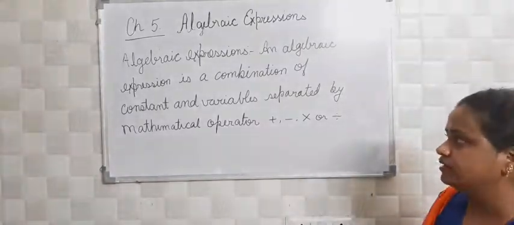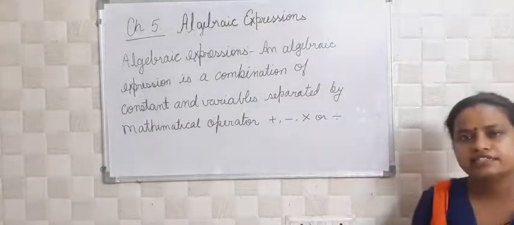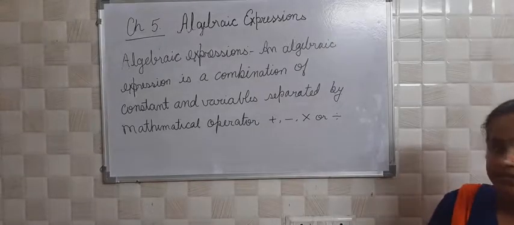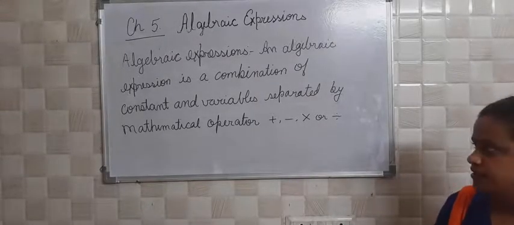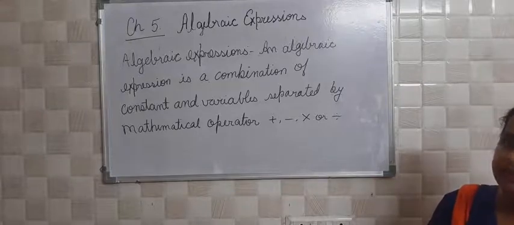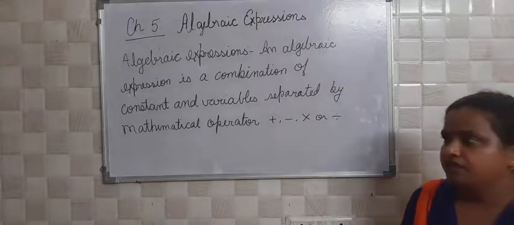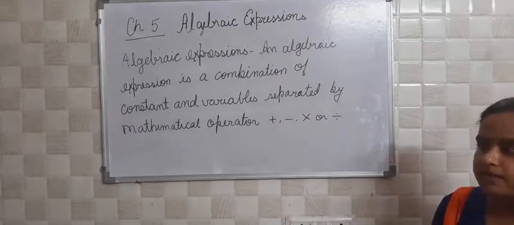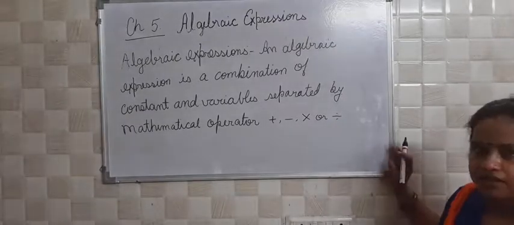It is a combination of constants and variables and it is separated by mathematical operators: plus, minus, multiply or divide. So, here we can see some examples. With the example it will be more clear to you.